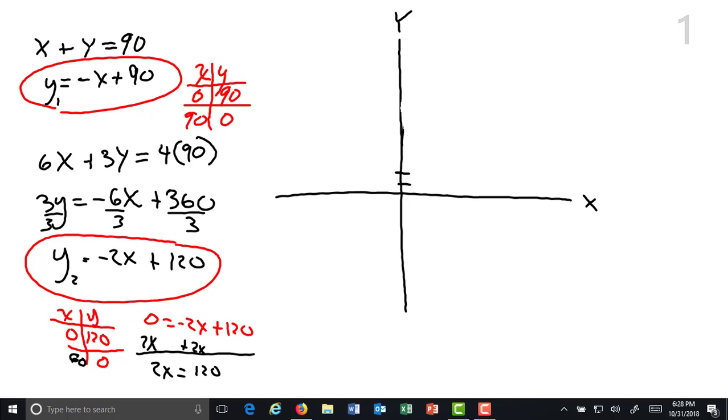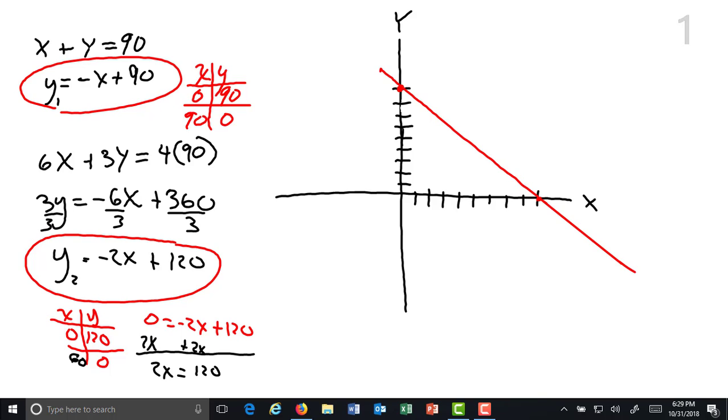So we go 10, 20, 30, 40, 50, 60, 70, 80, 90, and the same on the other axis. So right here is 90, and right here is 90. So this is going to look something like that.